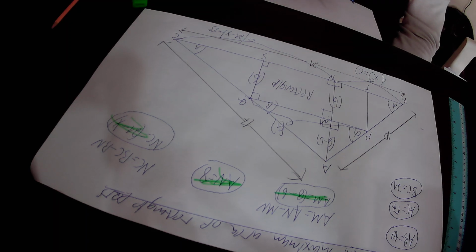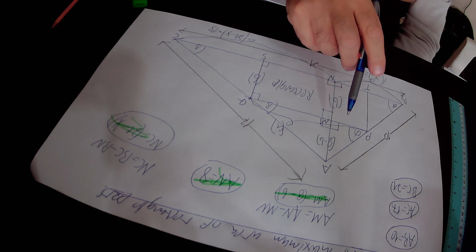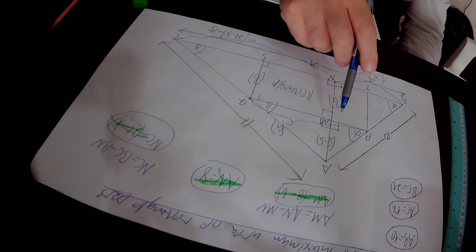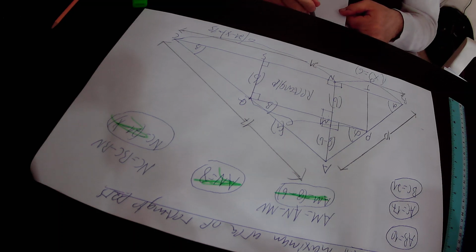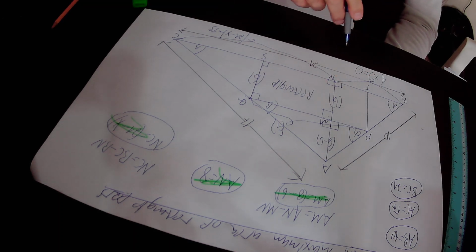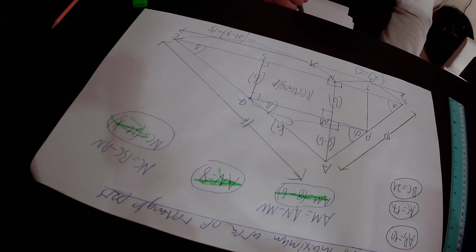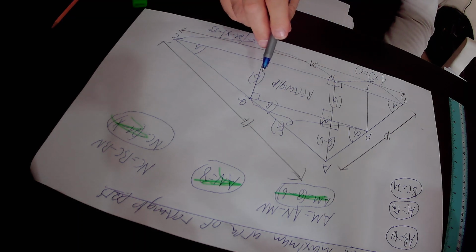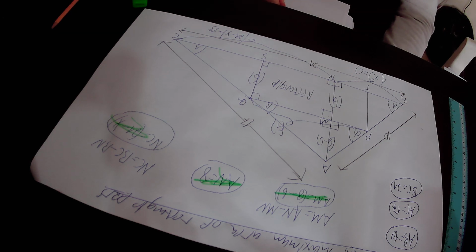That is to say, here the height AM in the small triangle APQ over the height AN in the big triangle ABC must be equal to the ratio between side PQ of the small triangle APQ over side BC of the big triangle ABC.